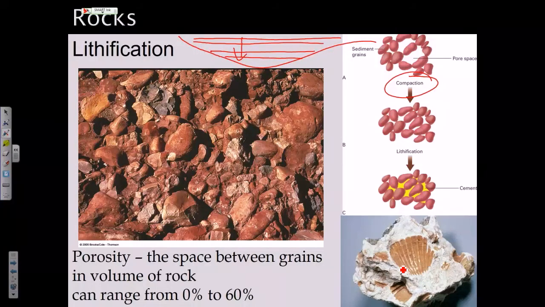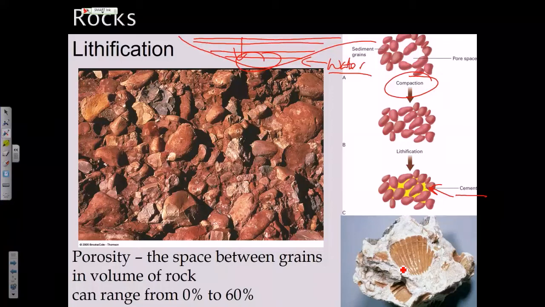A lot of times the sediments at the bottom have water in them. They get squirted out, so you get dewatering. Then things heat up a little bit down here at the bottom, and we get a change in the chemistry that allows for cement to be deposited and to hold the minerals together.